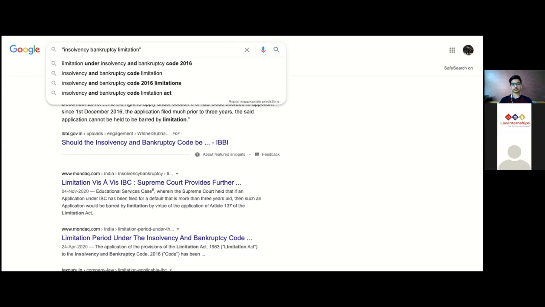So for example, you see here, is this judgment still visible? No, sir. Are you able to see Manupatra? No, sir, I can see only the Google one.